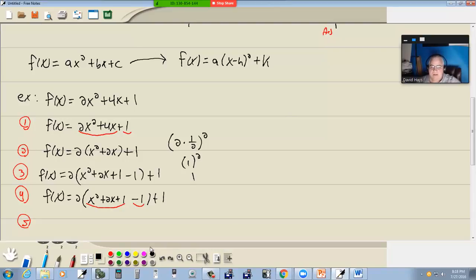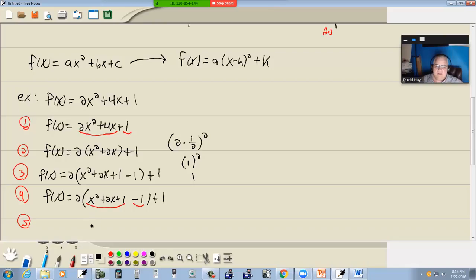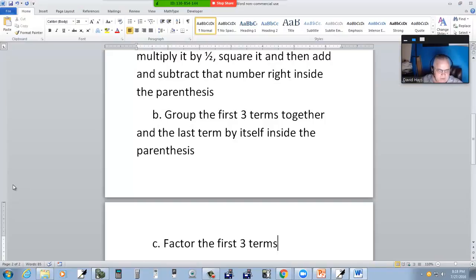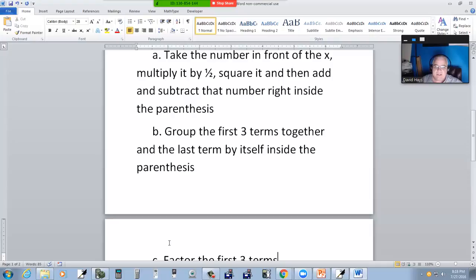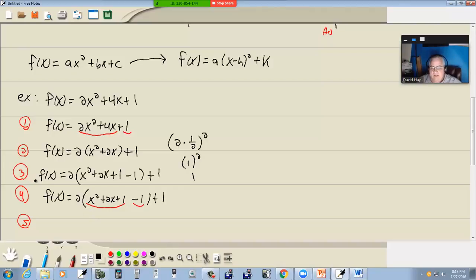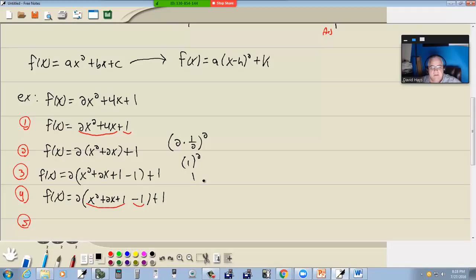Well then, I'm going to factor the first 3 terms. Actually, I'm getting off of my numbering, aren't I? Those are b's and so forth. That's 3a, 3b, and 3c. Term by itself.